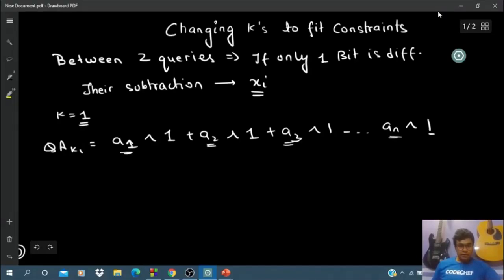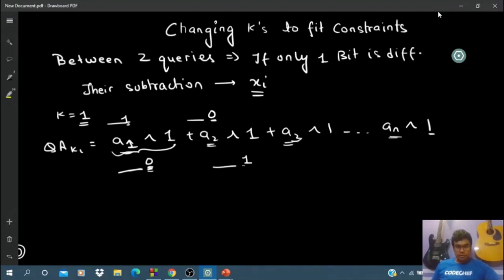If a1 had a 1 in the 0th bit, then that answer will give us a 0, not 1, because this bit will get flipped into 0. We're only concerned about the 0th bit. And if you want this value to be 1, then this value is going to have to be 0. So the 0th bit will have to be 0 in a2 if this bit is 1.